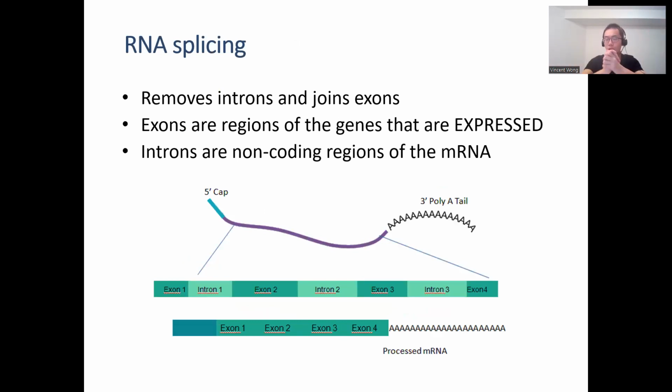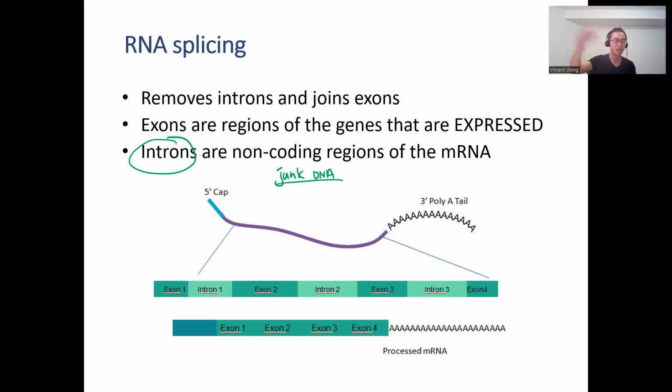And then we also have to do something called RNA splicing. It turns out that not all of the DNA section that we copy is coding DNA. There are some fillers, some junk DNA, and the junk is called introns. They're non-coding regions. Think of a magazine.